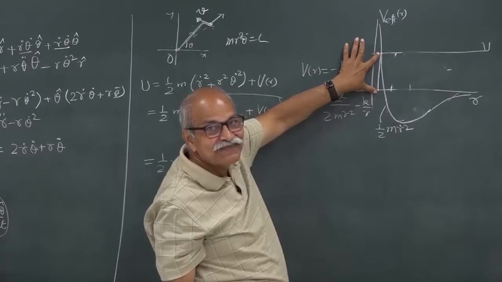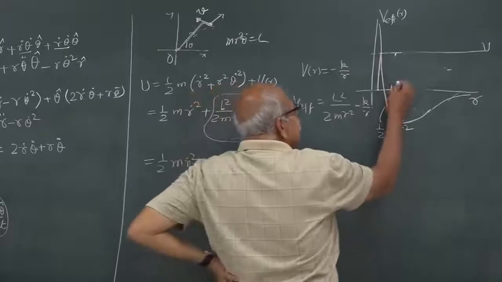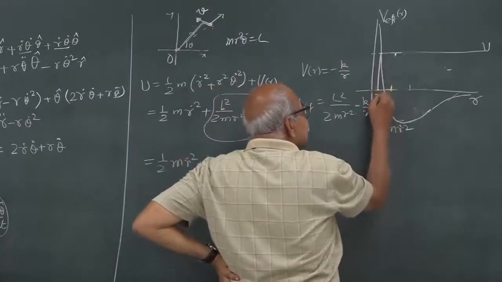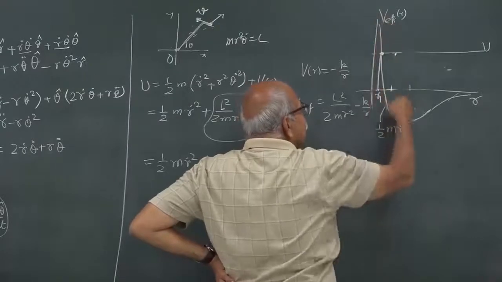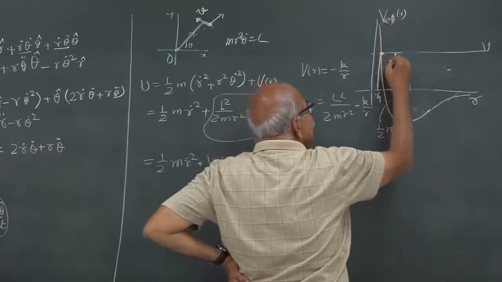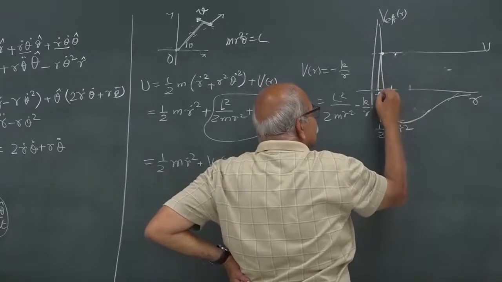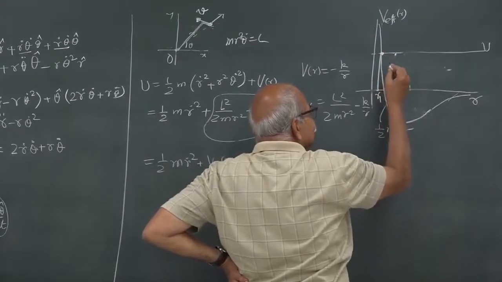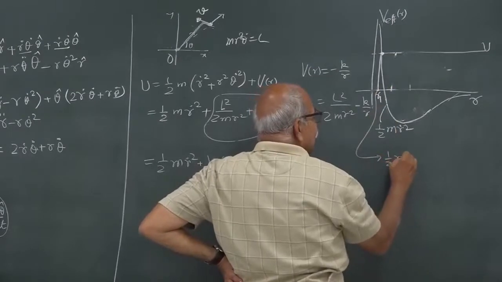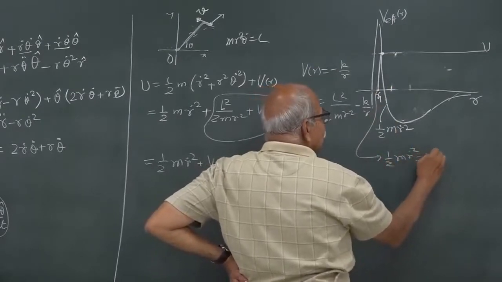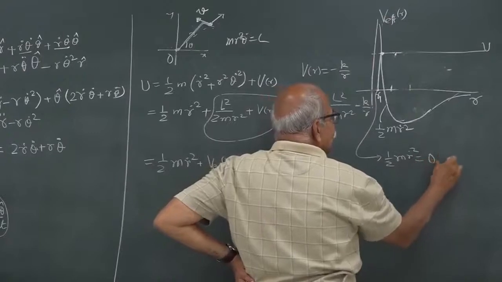Zero. So, when the particle reaches this point, let me call it r1, and the corresponding point on this curve is here, then half m r dot square is equal to 0, so r dot is 0.